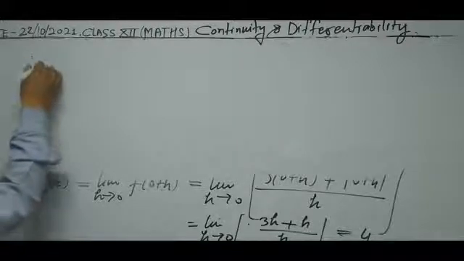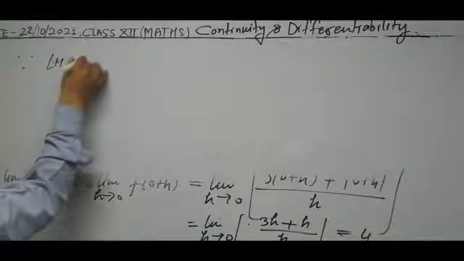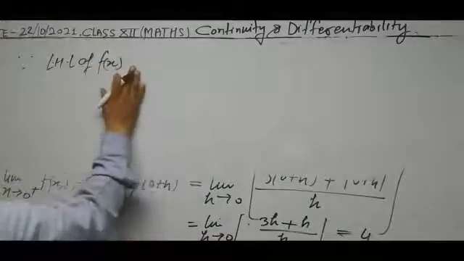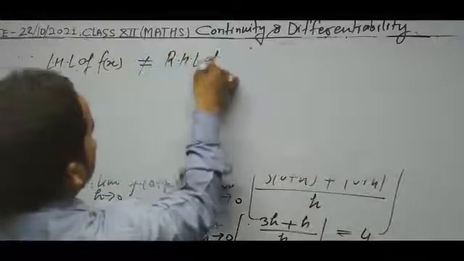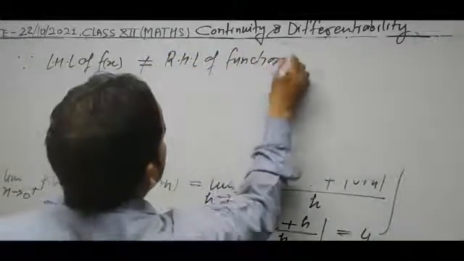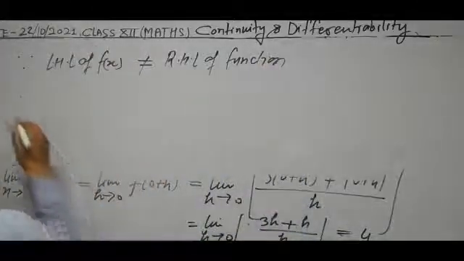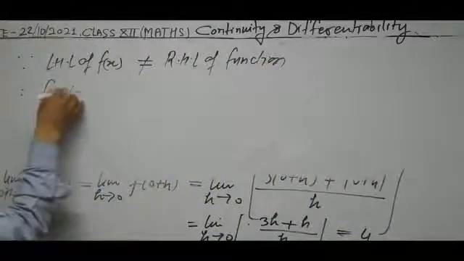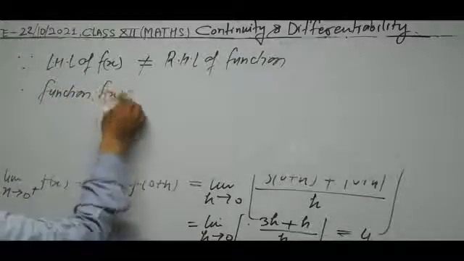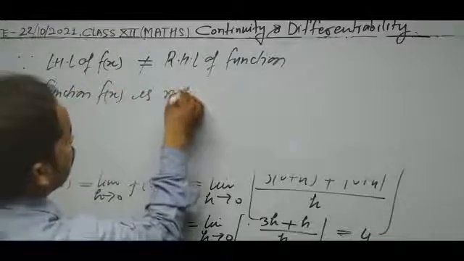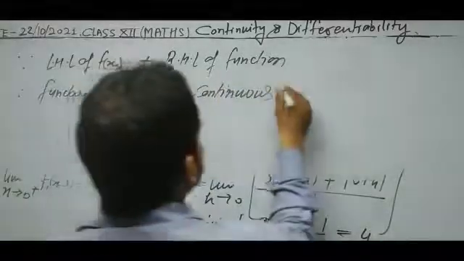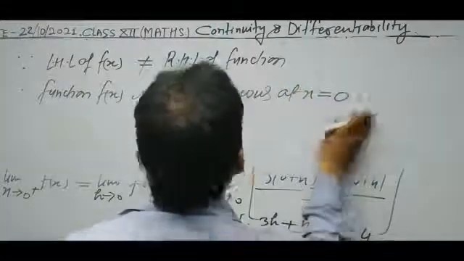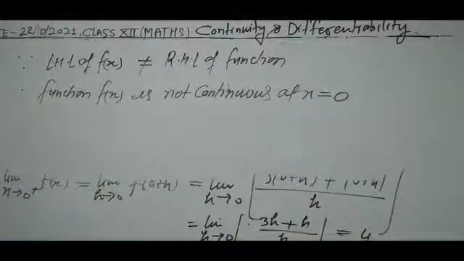Since LHL of the function is not equal to RHL of the function, therefore the function f(x) is not continuous at x = 0.